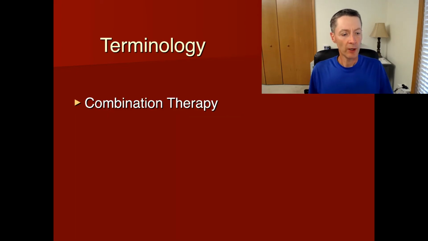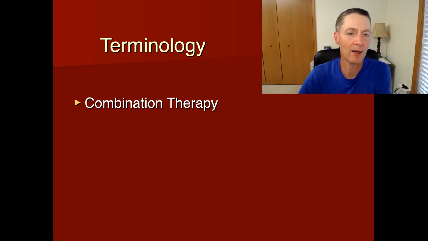All right, another term, another concept we need to know is what is combination therapy when it comes to antibiotics. A combination of different drugs being used. And here too, it's important to understand why we would use a combination. The definition of this is fairly obvious and intuitive, right?